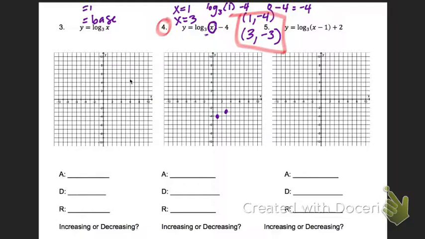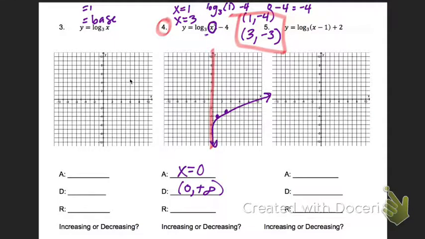Now, do I have a vertical asymptote? No, because there's nothing inside the parentheses, so it is x equals 0. No parentheses, no shift in the asymptote. Right. Thanks, Zoe. Domain: 0 to positive infinity.